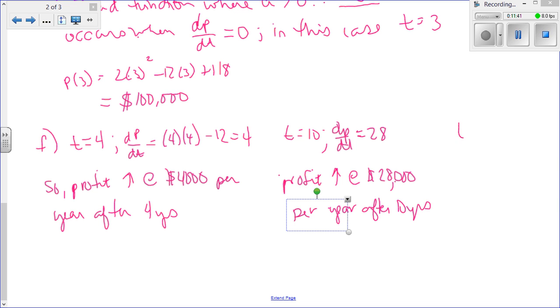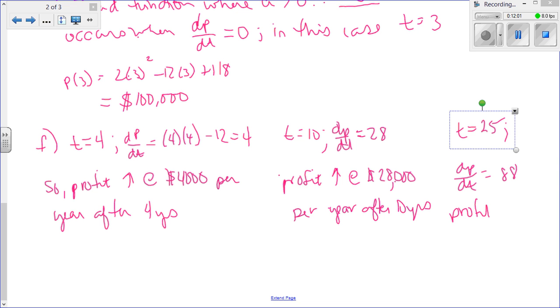And if t is equal to 25, then dP/dt, if I put in 25, it's 4 times 25 minus 12, is equal to 88. So the profit increases at $88,000 per year after 25 years.